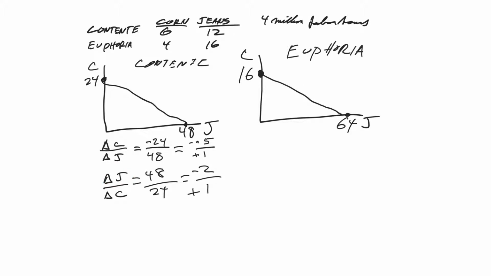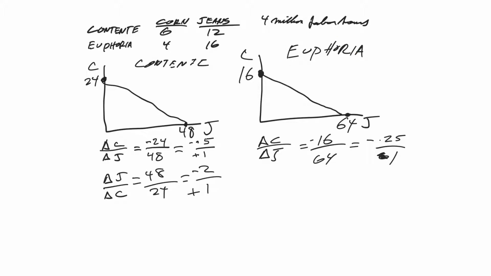Well, we do the same thing for Euphoria, so we'll do this a little quicker. So we've got change in corn over change in jeans equals 16 over 64, which equals 0.25. Whoops, I didn't want to do that. Well, let me just scribble it out. That's a 1 now. So 1 jean costs 0.25 corn in Euphoria.